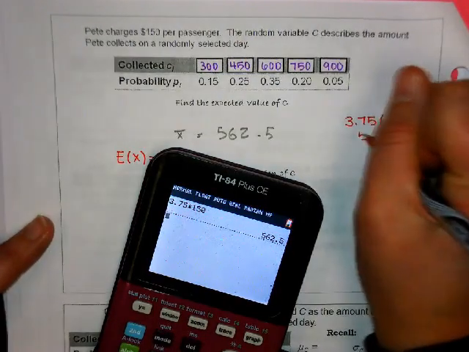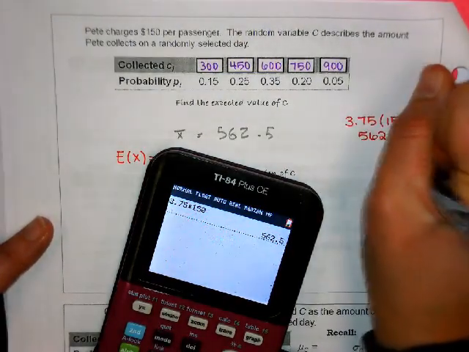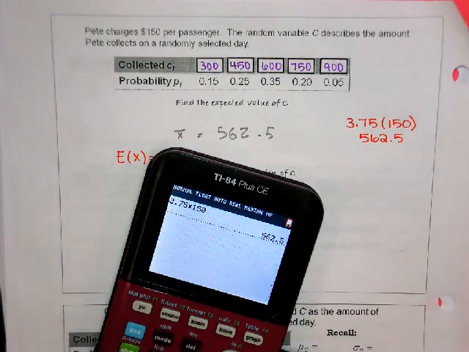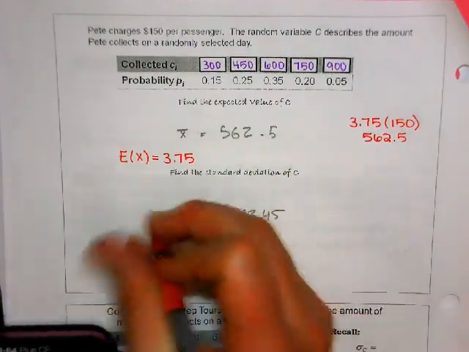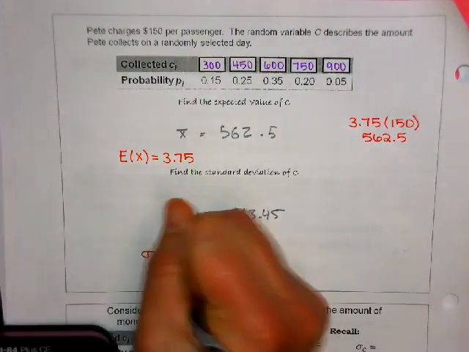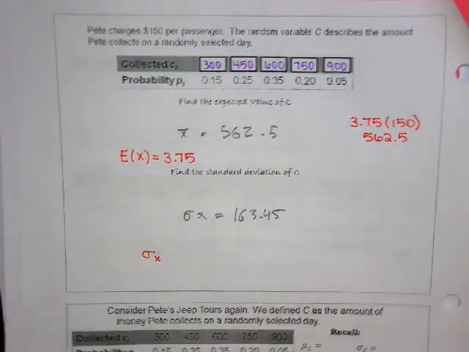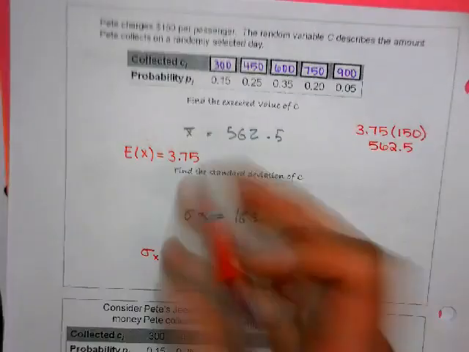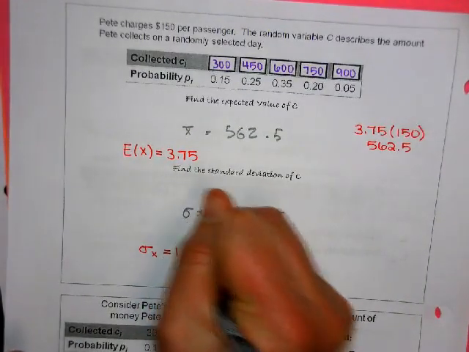Same thing for the standard deviation. In the warm-up, Nolan told us the standard deviation for the amount of passengers was 1.0897.